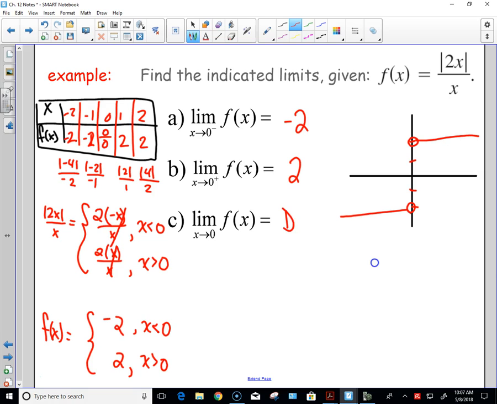If I compare the two one-sided limits, what do I have to say? The limit does not exist because the one-sided limits do not match. Equal. Agree is the word that I like. If the one-sided limits do not agree, the limit does not exist. We've seen a few different cases.